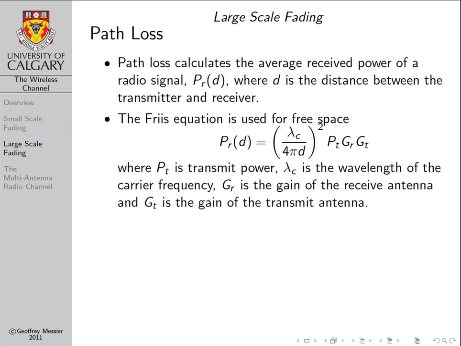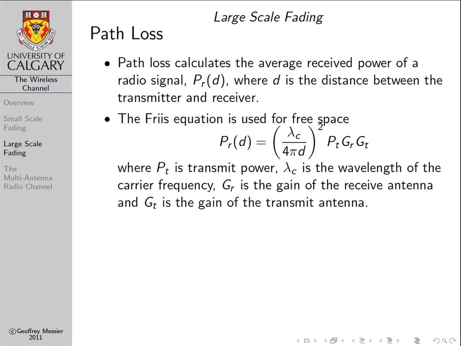The first equation is the Friis equation, which is used for free space, right? So you've got a point source radiator for your transmitter, a certain antenna for your receiver, floating in free space so there's no reflections.